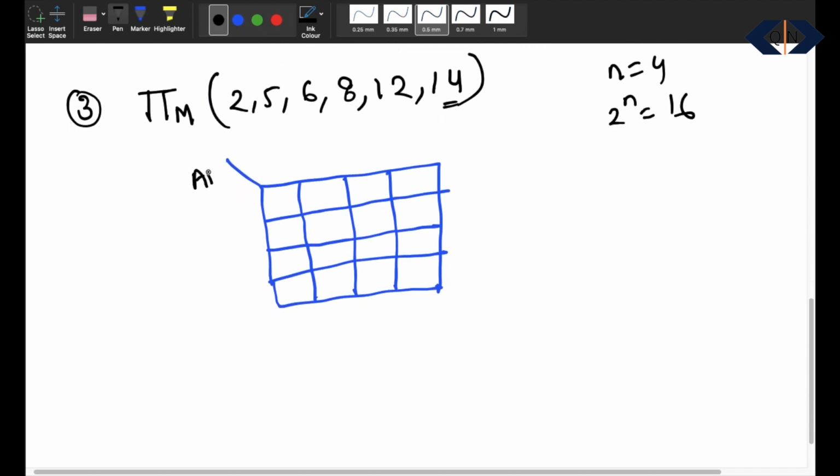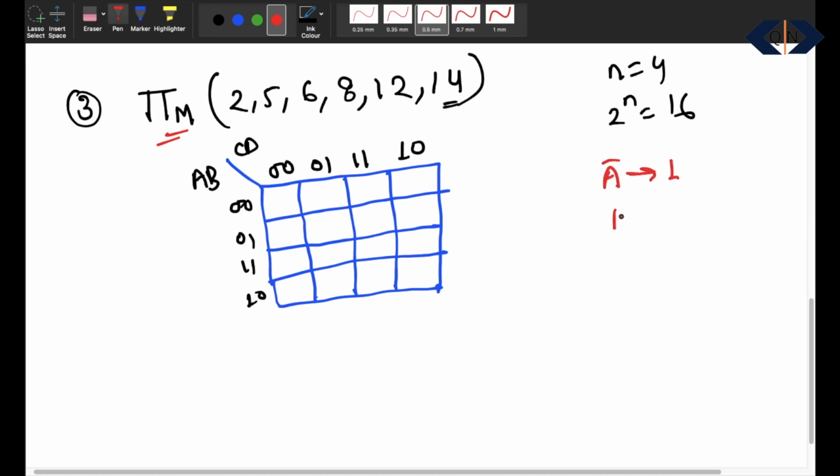This is AB, this is CD, this is 00 01 11 10, 00 01 11 10. And now let's start filling the boxes. Since this time these are max terms, our A bar will be 1 and A will be 0, and here we will start filling 0.